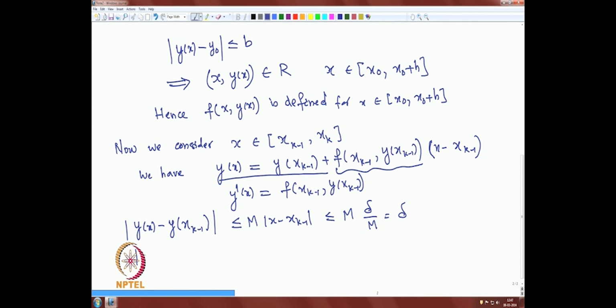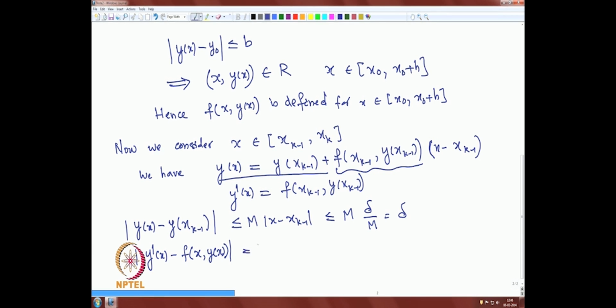Now, if you take the difference of the derivative, y'(x) - f(x, y(x)), in this interval, the difference between the derivative of the solution and the right hand side of the differential equation is going to be the error.